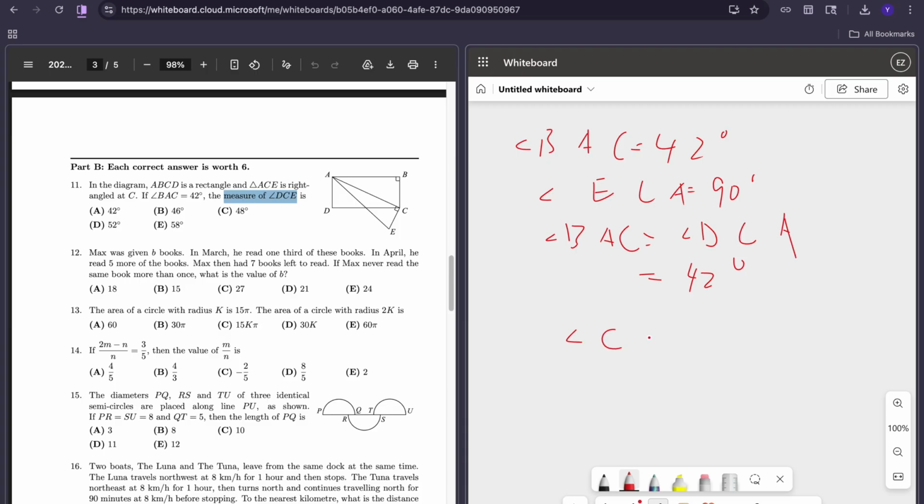Angle ECA equals 90. It's also equal to angle ECD plus angle DCA, which means 42 plus angle ECD equals 90.